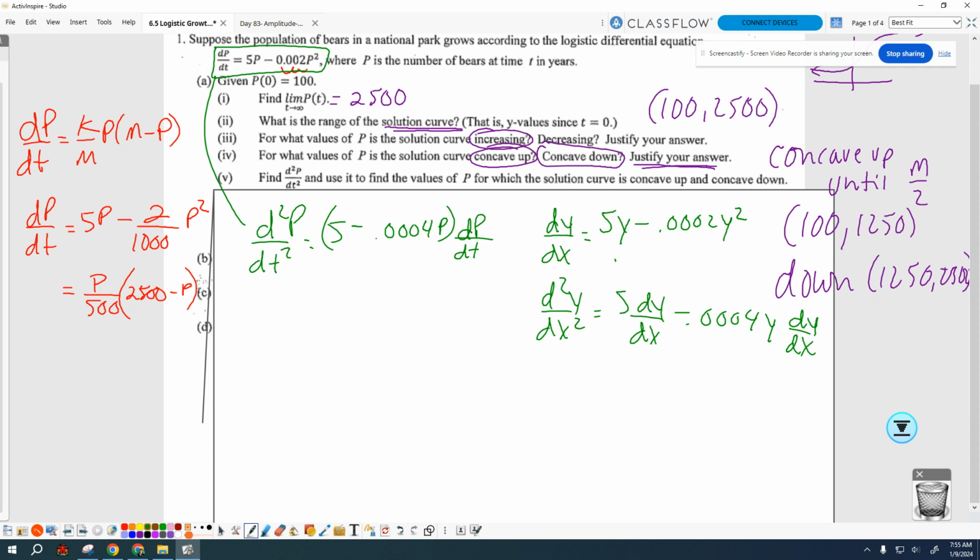So I wrote it with the implicit piece on the outside because it's asking us to find the zeros, whereas to find inflection points effectively, where it is concave up and concave down, I'm going to find where concavity might change. So where is 5 minus 0.004 p equal to 0?